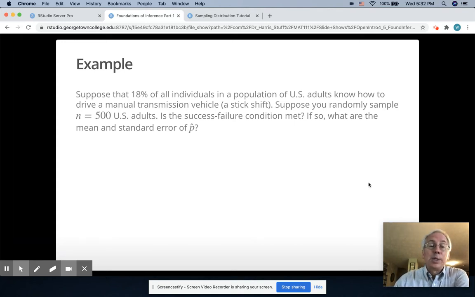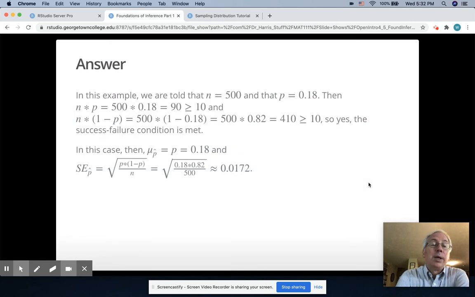Well, p is 0.18. If the proportion of all adults that can operate a manual transmission is 0.18, then p is 0.18, n is 500. So we can calculate n times p, we get 90, definitely bigger than 10. And 1 minus 0.18 is 0.82. 500 times 0.82 is 410, again, well over 10. So the success failure condition is met.